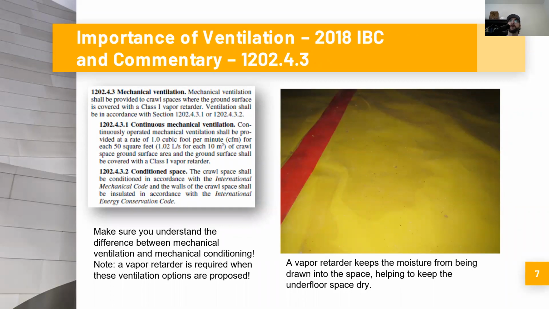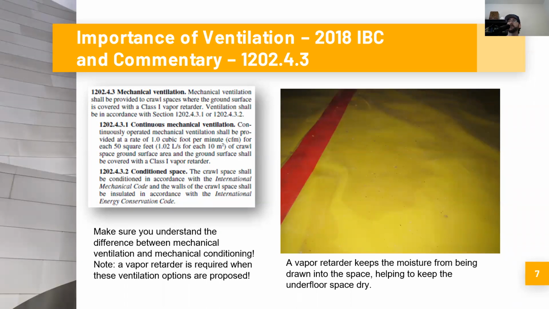Next, let's talk about 1202.4.3, mechanical ventilation. Mechanical ventilation is different from natural ventilation in that we're now relying on forced air movement through the use of ductwork, fans, HVAC, potentially conditioning, potentially not.